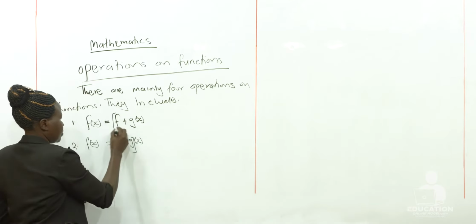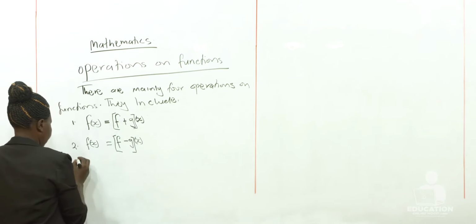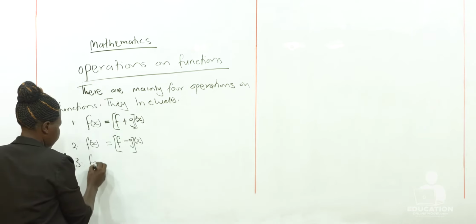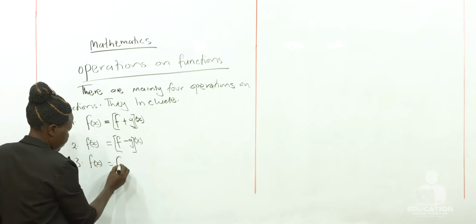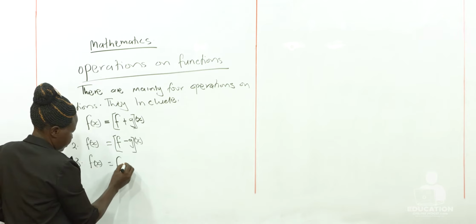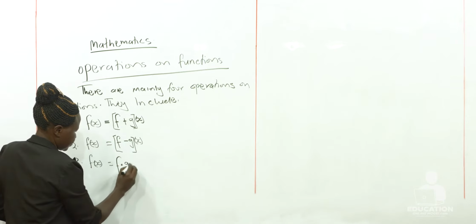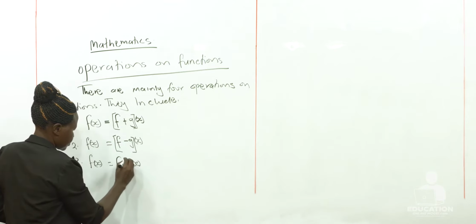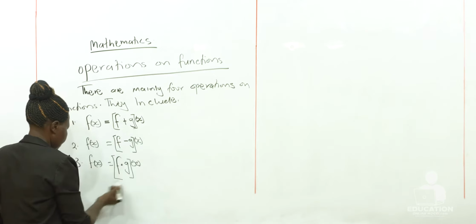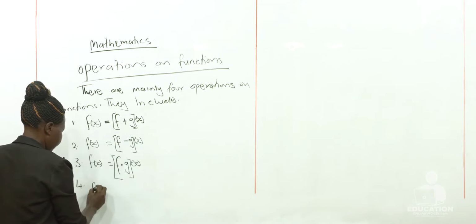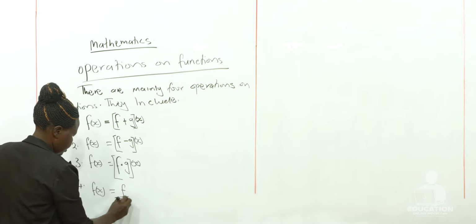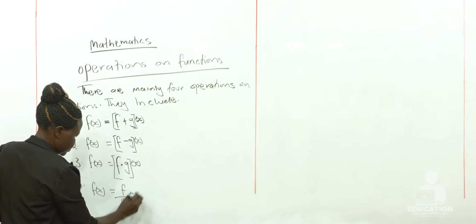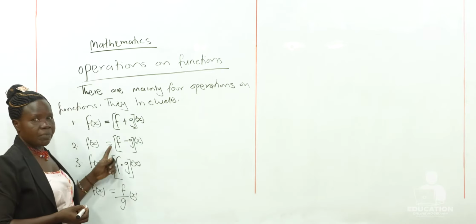Then 3, f times g of x. And then number 4, f over g of x. So these are the operations.